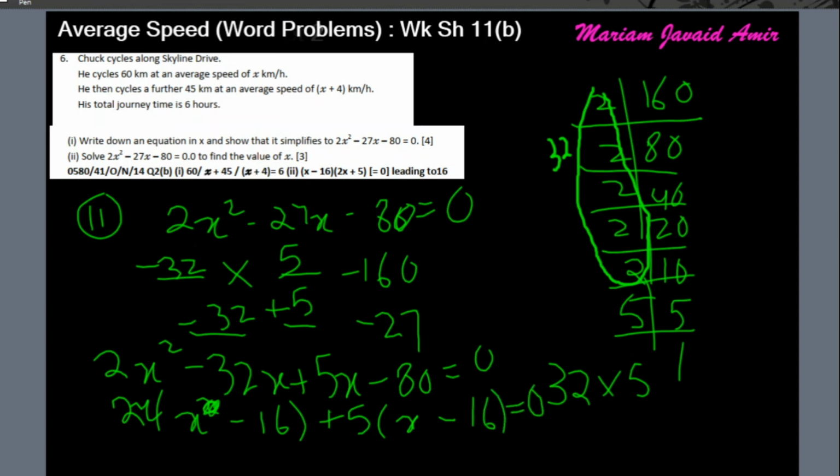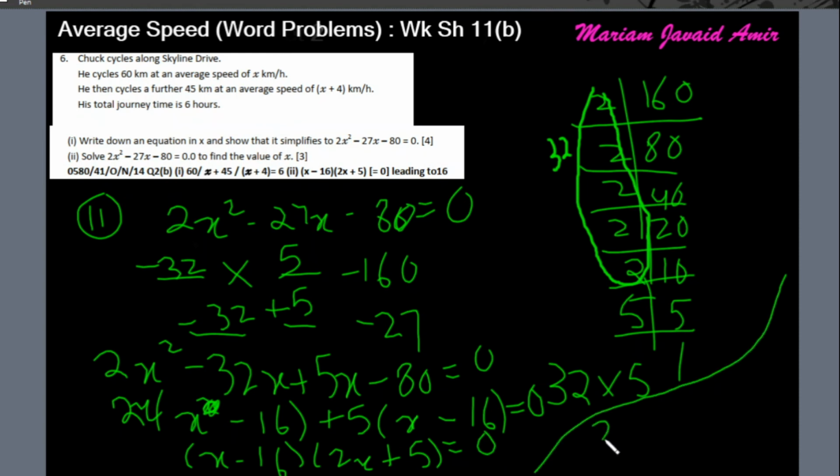Okay, so the solution would be, we're getting 2 brackets equals 0. So the 2 answers are x equals 16 and x equals minus 5 by 2. But what was x? x was the speed here, and speed can't be negative. So in the answer space, we'll only write x equals 16.